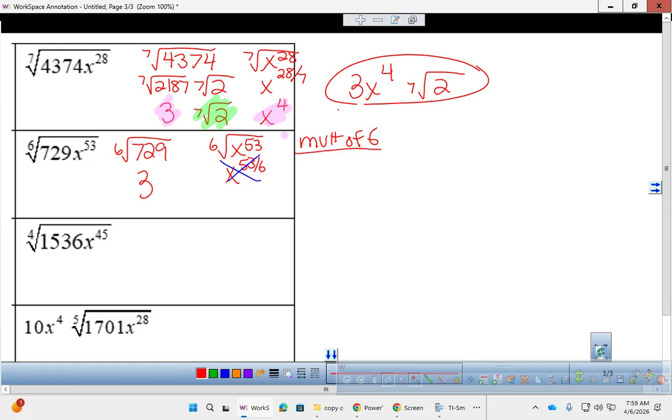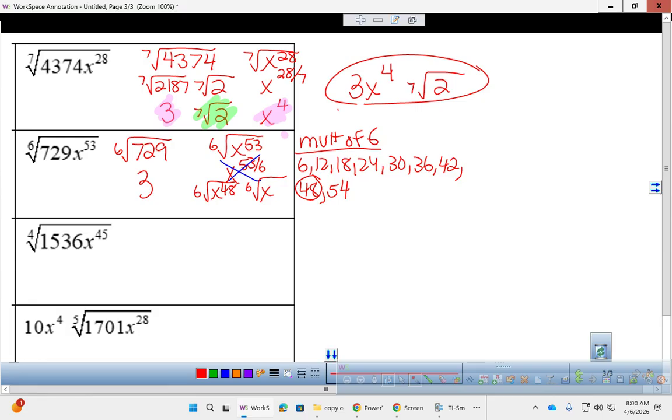All right, so we've got 6, and you don't have to write them out: 24, times 5 is 30, times 6 is 36, 48. 54 goes a little too high, right? So using those multiples of 6, I'm going to go with this 48. So I'll do the 6th root of x to the 48.